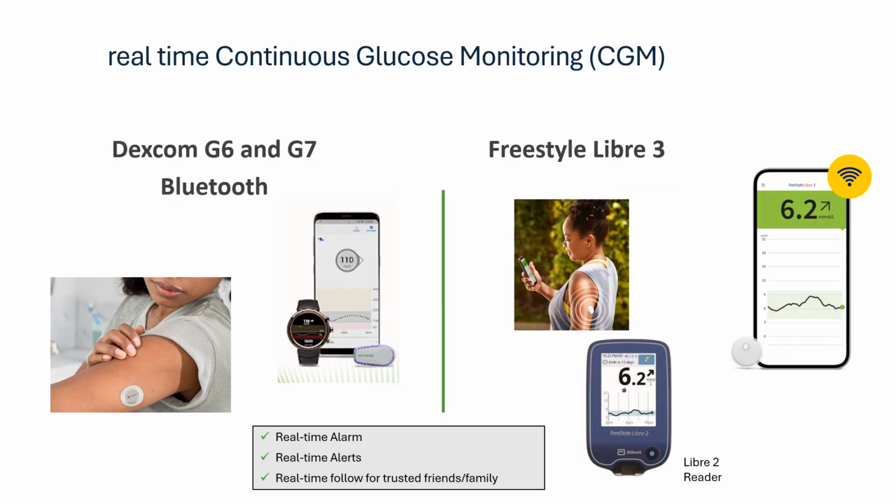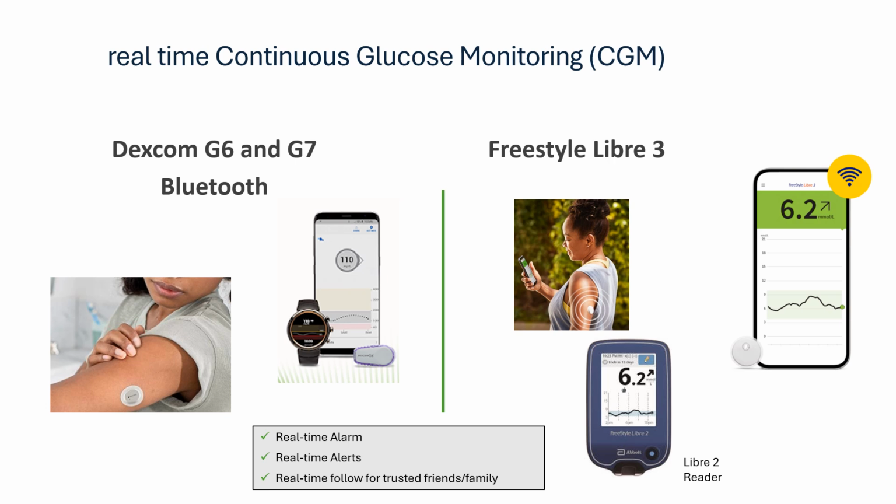And here are some examples of the commonly seen ones that you will see most often. If they're using the Medtronic one, it's usually with the insulin pump, and that's more rare. So the Dexcom G6 is actually being phased out, but it still will be around for a few years. But the G7 is what we're looking at, and that is the sensor and transmitter all in one piece, whereas the G6, the transmitter is actually removable.